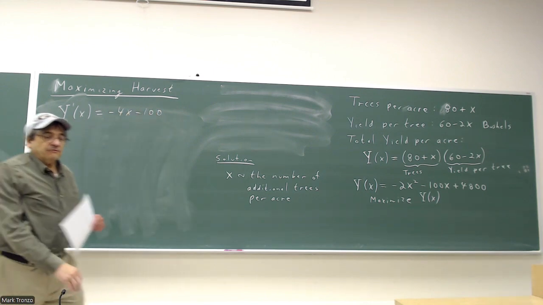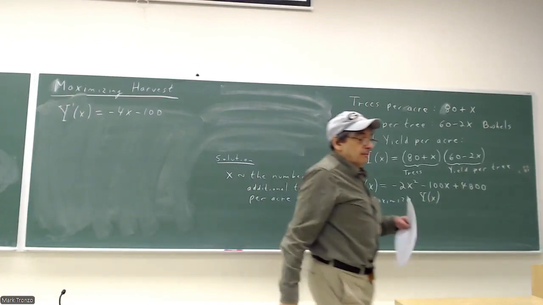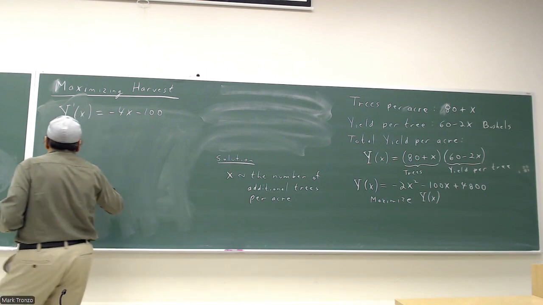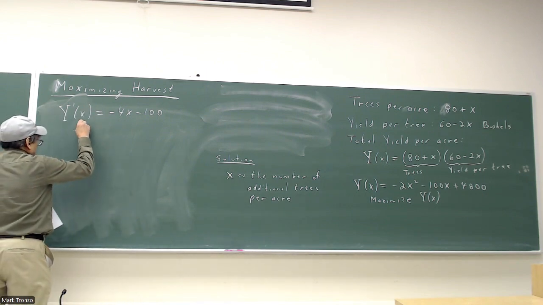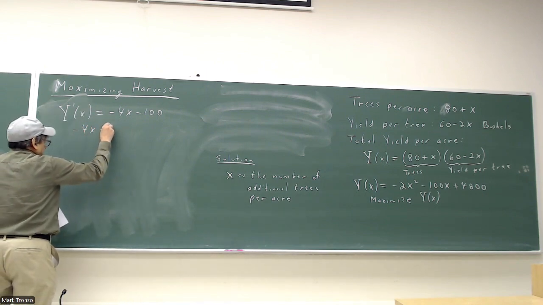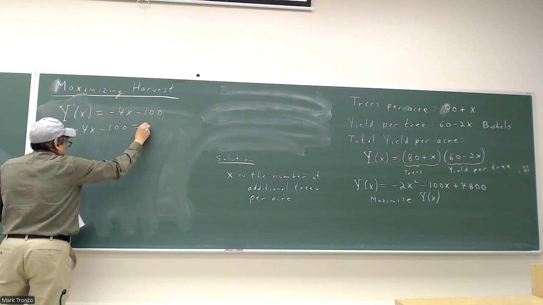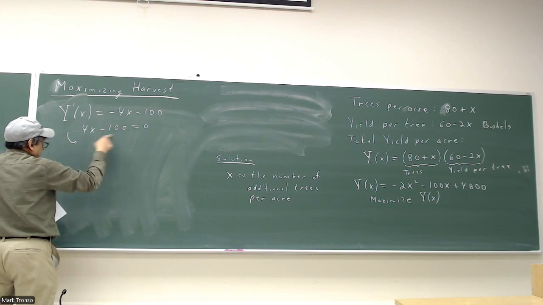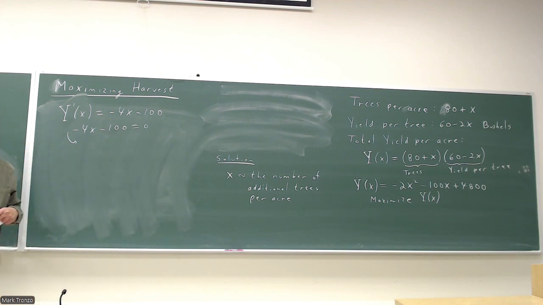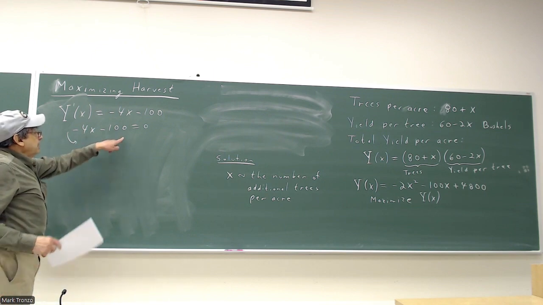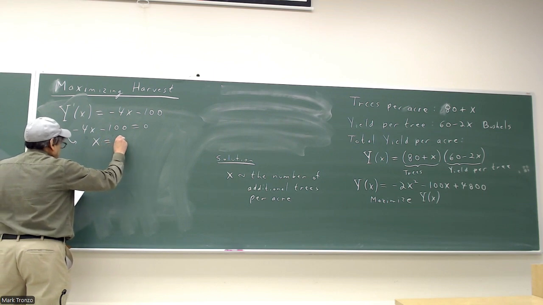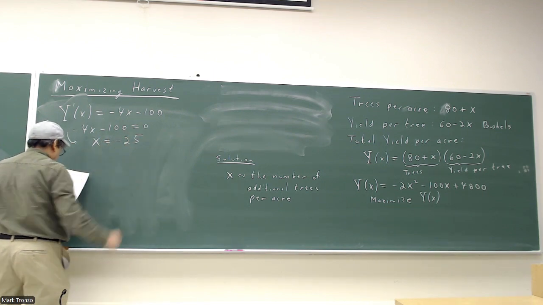To find the maximum or minimum, we set this equal to 0. When you work this out, dividing by negative 4, you end up with x equals negative 25.